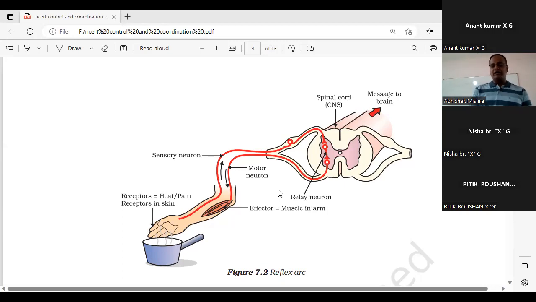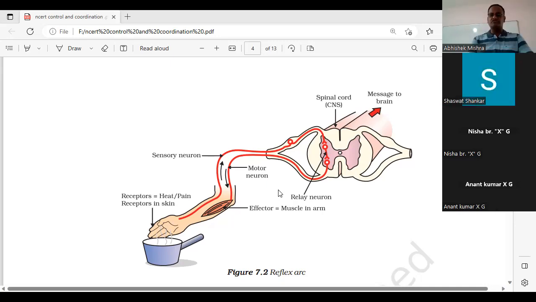Listen to my question properly. Which neuron connects the receptor to the central nervous system? All of you answer through the chat box. Which neuron connects the receptor with the CNS, that is the central nervous system?